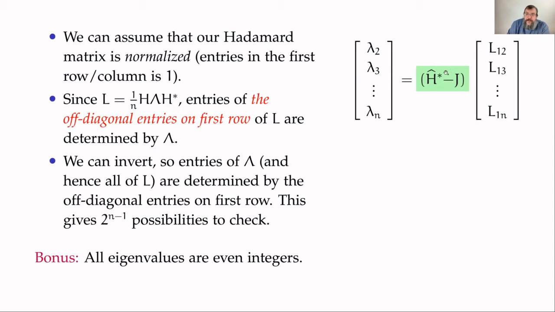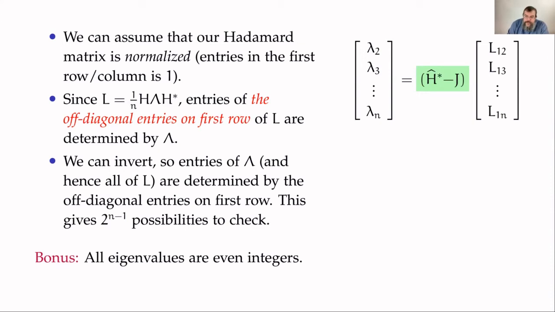So we have a matrix which has entries in 0, -2 times a column in 0, -1, which means that when we add everything up, each of these lambda i's are sums of 0s and 2s. And so they have to be even integers. And so that's a nice little thing that we get out of this approach.